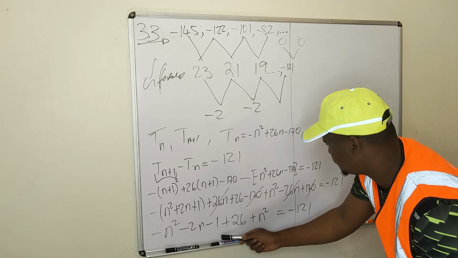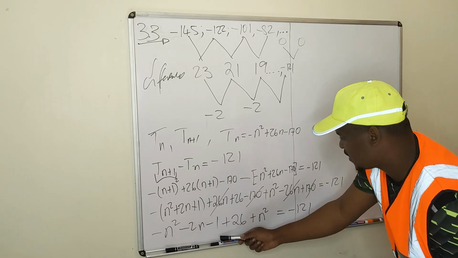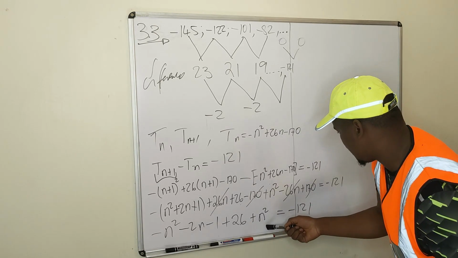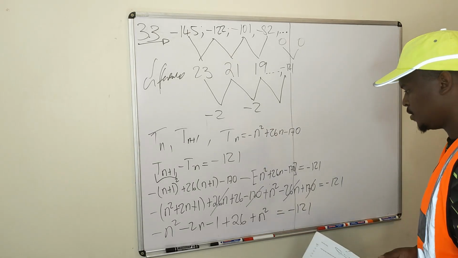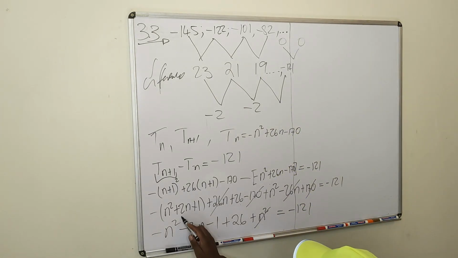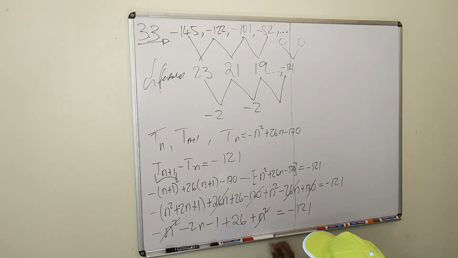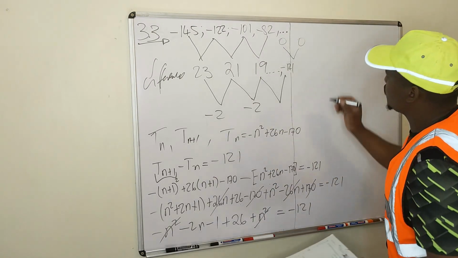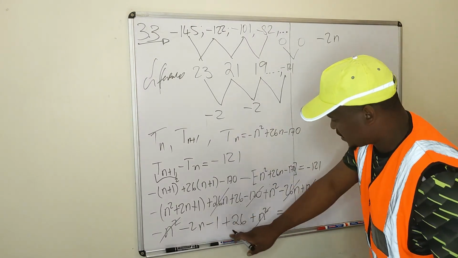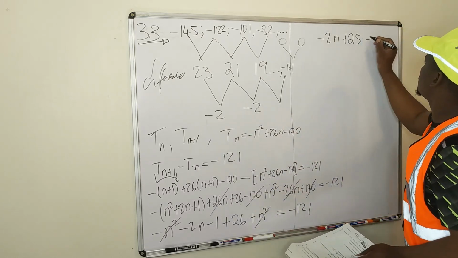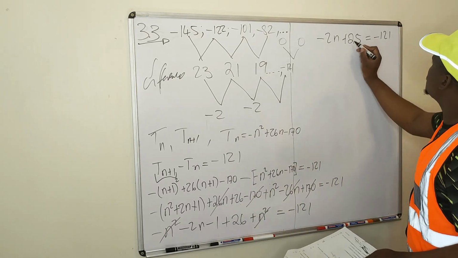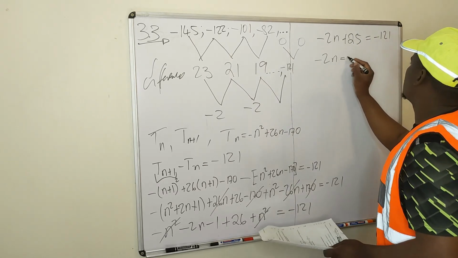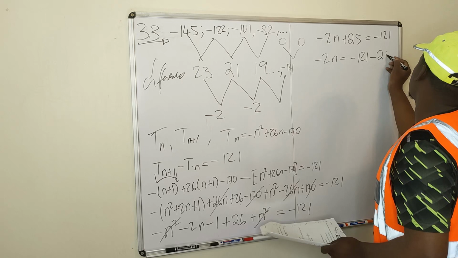After that, what are we left with? We're left with 26, n squared, and minus 121. You see that this guy and that guy will also go away, right? So what are you left with? Negative 2n plus 1 plus 26. So we are left with minus 2n plus 27, equal to minus 121. Transpose the 27 to the other side: minus 2n is equal to minus 121 minus 27.